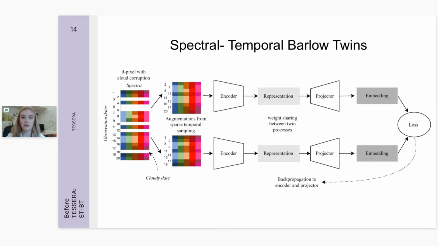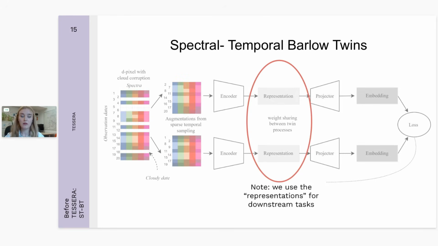Now, to be specific about what we're talking about when we do downstream tasks, Barlow twins, originally in this paper from 2021, talks about the result of the encoder, the compression from the encoder, as being the representation, and the result from the projector that the loss function acts on as being the embedding.